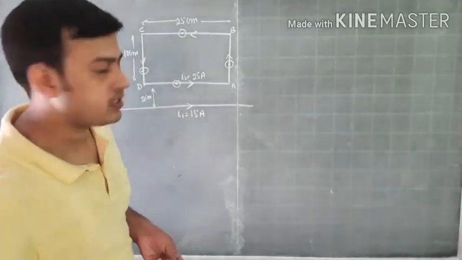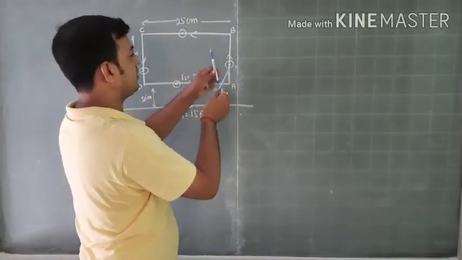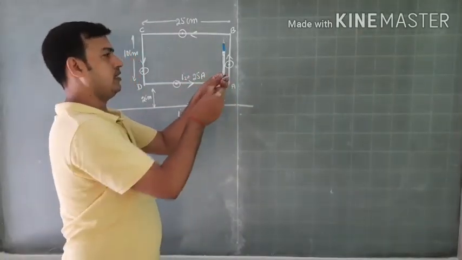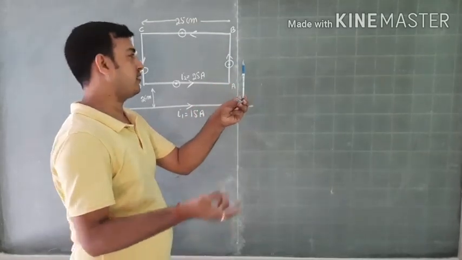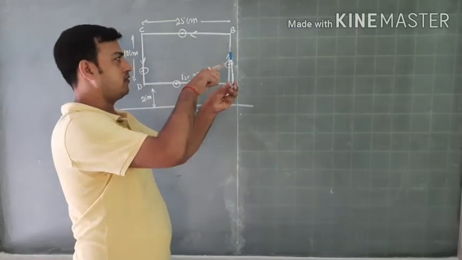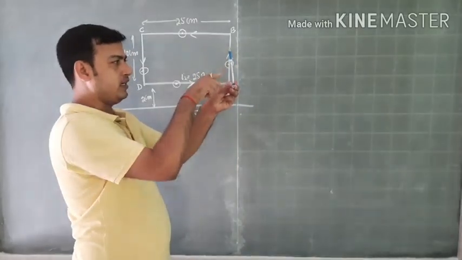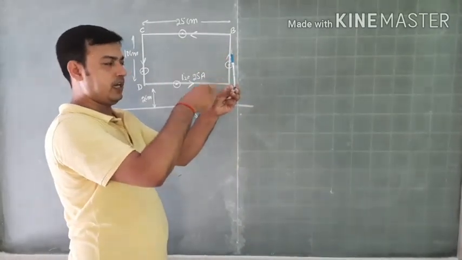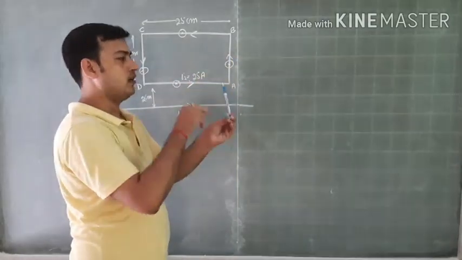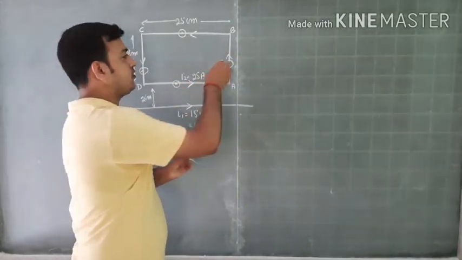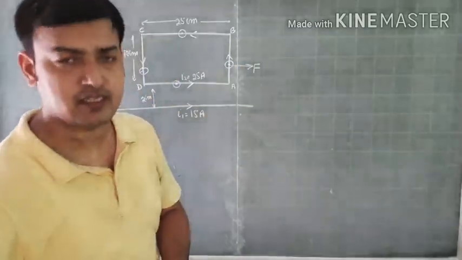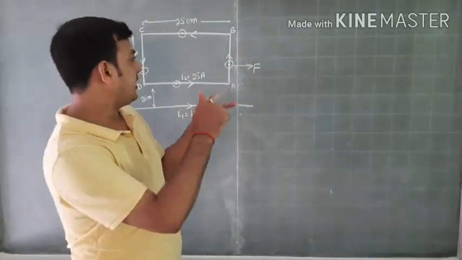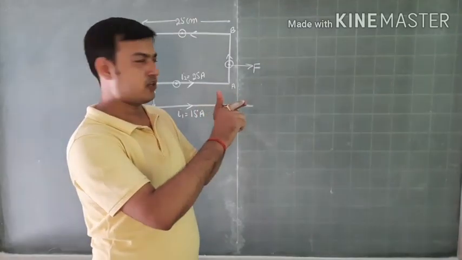If you apply Fleming's left hand rule, that is better, or if I go from I to B, it is clockwise, and clockwise the force is into, so the force will be in this direction. If I apply Fleming's left hand rule, I have to keep this finger in the direction of magnetic field.